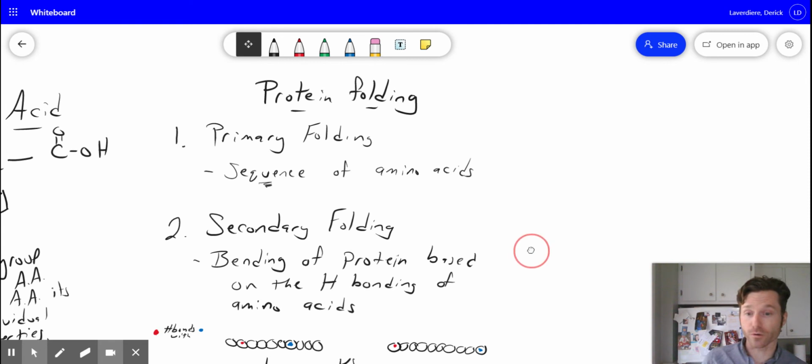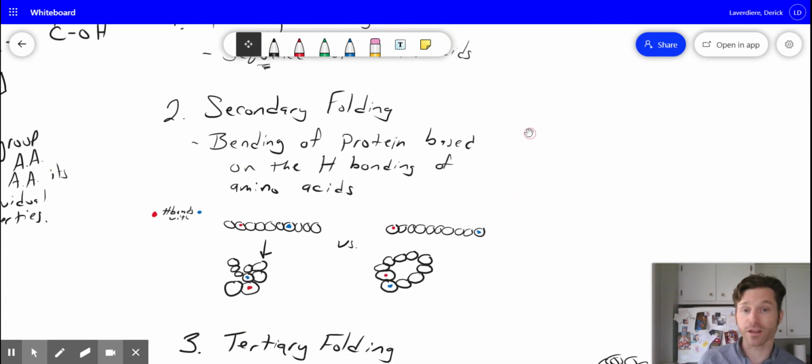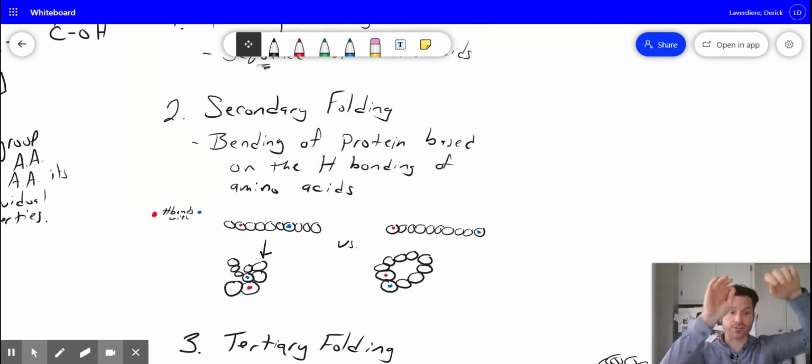So secondary folding comes into play once you already have your amino acids lined up. Okay. It begins as soon as the polypeptide starts coming out of the ribosome. Right? Once you have a reasonable length of strand, these bonds start forming, these connections start forming. Okay.